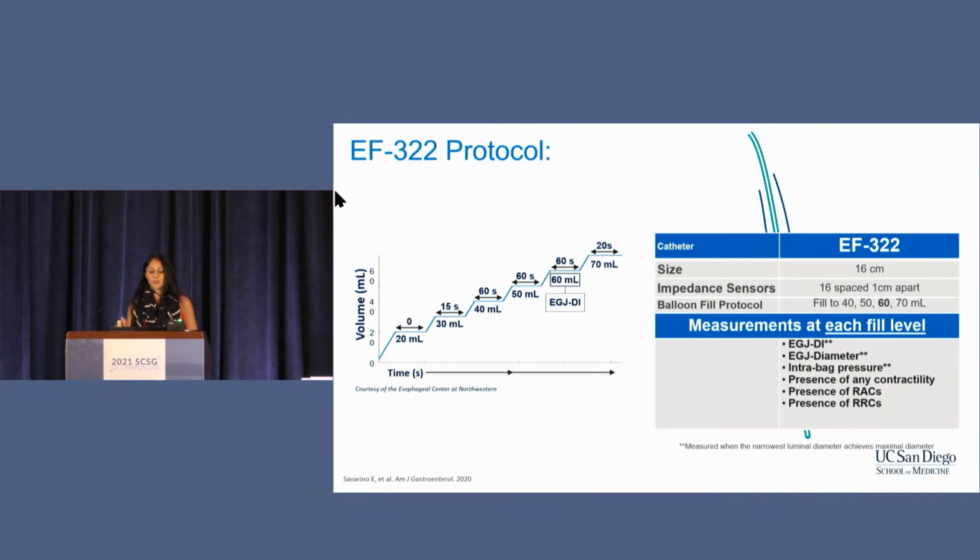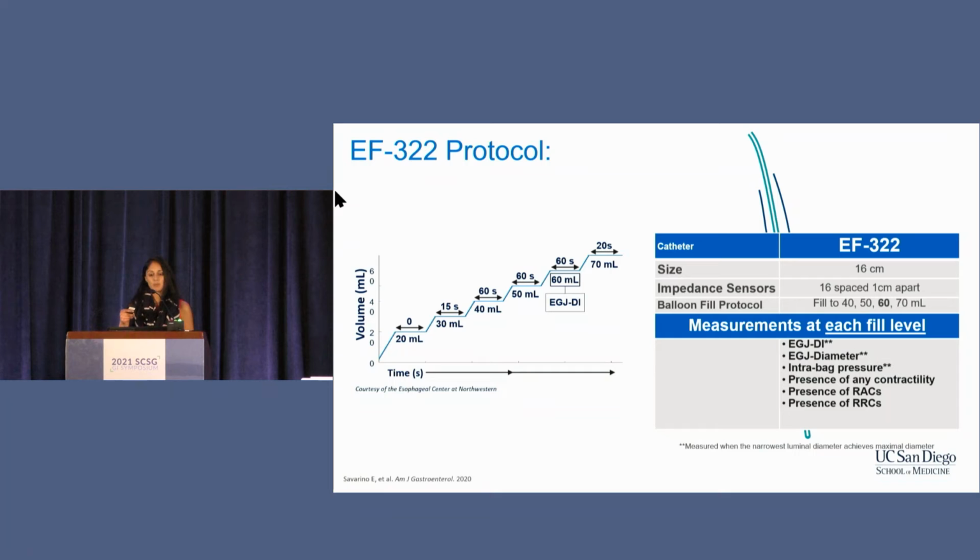So the protocol for the catheter is at first it's filled to 30 milliliters. At 30, we ensure that we're in the correct location. We like to see that nice waist. And then we fill to 40, 50, 60. And at each of these, you wait about 60 seconds at least to allow for normalization of the patterns, and then fill to 70.